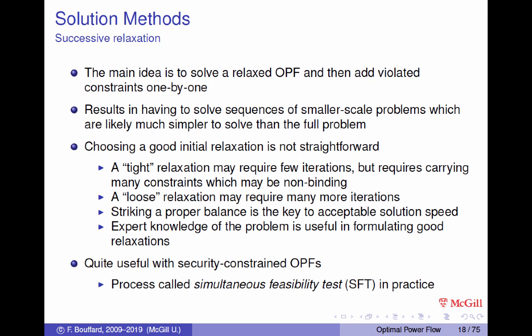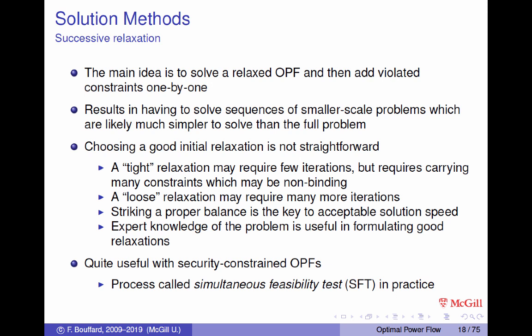If there are some violations, you need to bring them back in and then solve the problem again until you have no more of those violations. But the key thing is that instead of having to solve one large, very difficult problem, you end up having to solve a sequence of usually smaller and easier problems than the big full problem.